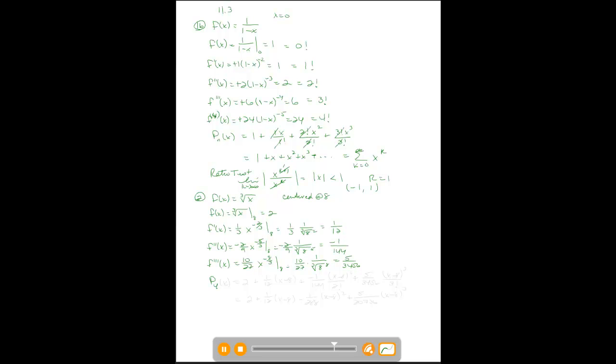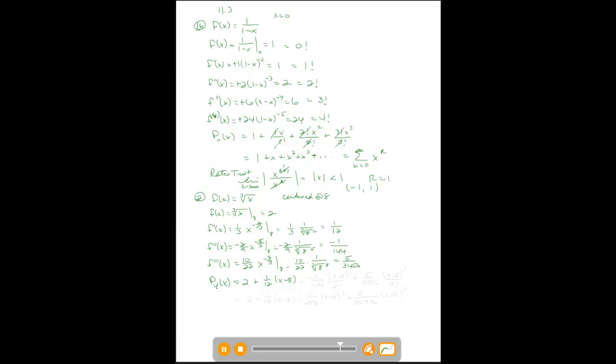So now we're going to make the power series. We're going to call this P sub 4. The book uses f of x. I've always used P for polynomial. First function, it's 2. Then it's going to have that factorial of a 0 on the bottom. The next one is going to have a 1/12. Now, it is centered at 8, so I've got to change the x to an x minus 8.